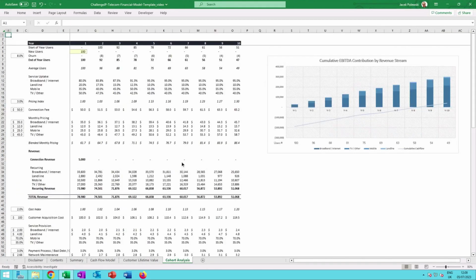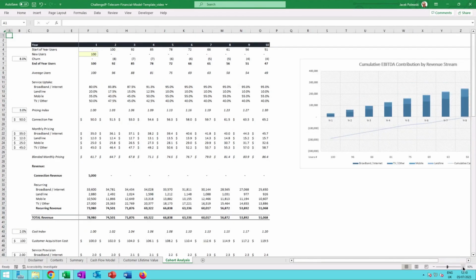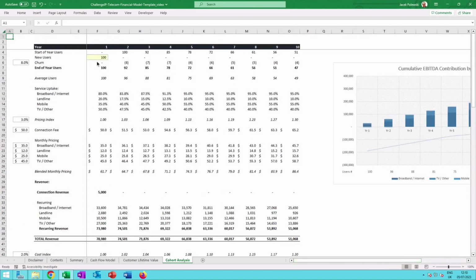And then also here, I've added one more analysis, which is just the cohort analysis. So here's where we follow the initial 100 customers for their lifetime. We want to see how much money those customers will generate over 10 years, assuming that some of those customers will leave due to churn. So you start with 100 customers, and you end up with 47.